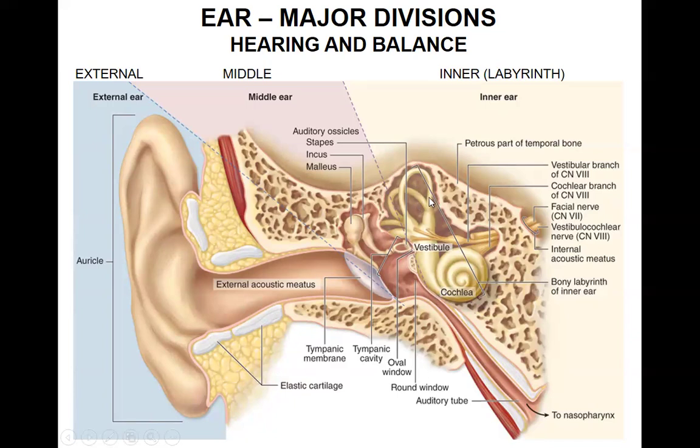When I tell you it senses equilibrium and motion, the rotational or directional motion and the accelerations, it's not the motion of the body, it's the motion of the head. If I rotate my head, or if the head moves and accelerates in a certain direction, that is sensed by the vestibular apparatus. The cochlea is the auditory apparatus.